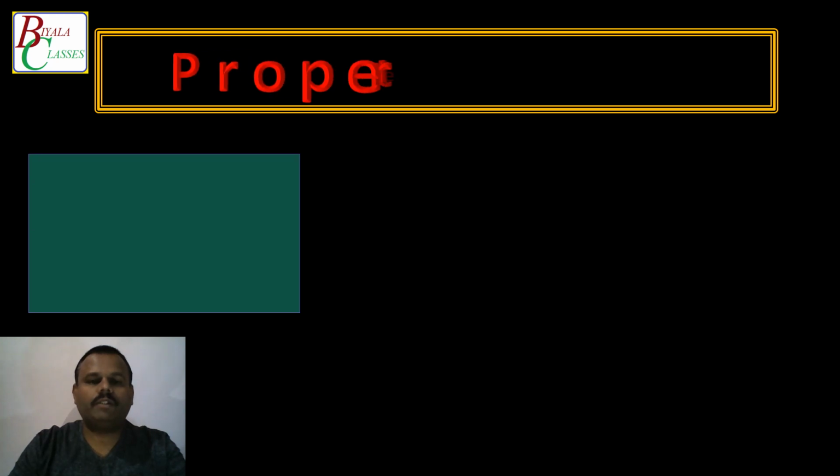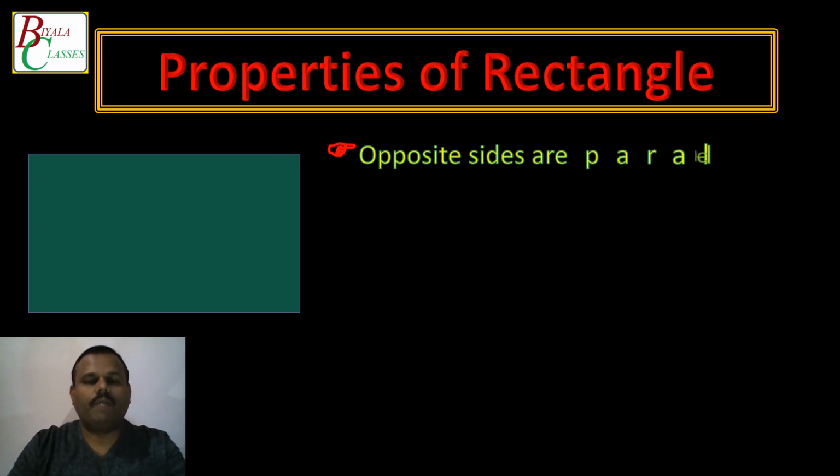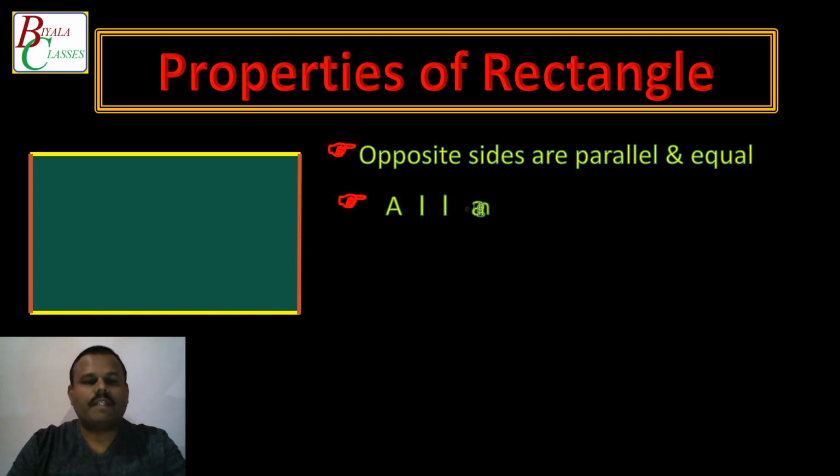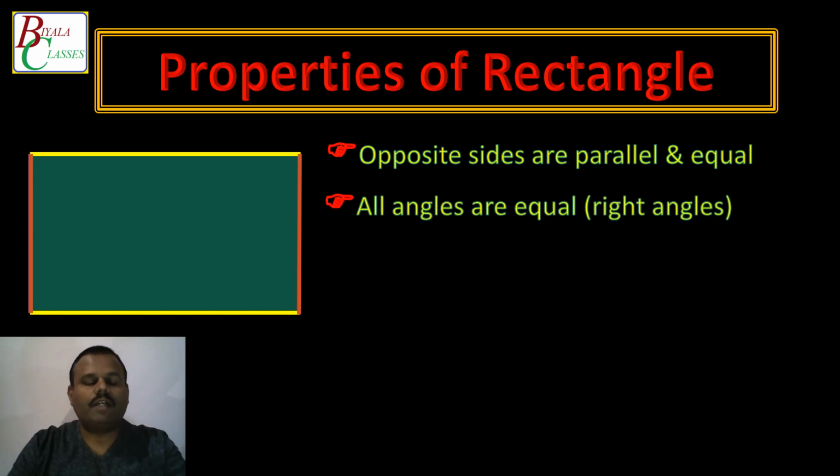The properties of the rectangle: of course, the first one being that opposite sides are parallel and equal. Again, you can remember that this is one of the properties of the parallelogram also. The second being all angles are equal, that is they are 90 degrees, they are right angles. All the 4 angles of this rectangle are 90 degrees each.